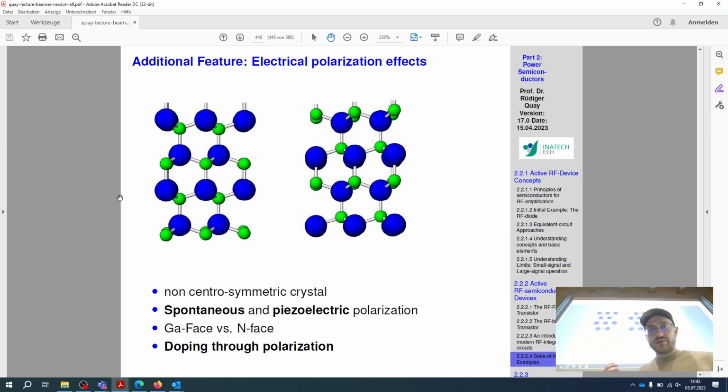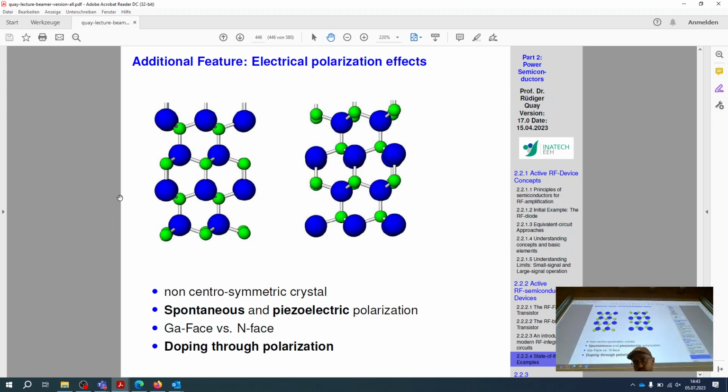Additionally, a benefit of these high bandgap materials is the polarization. They enable both spontaneous and piezoelectric polarization. The piezoelectric polarization, when applying a voltage, shifts the polarization levels, which can be used for generating this 2-DEG layer, this two-dimensional electron gas layer.